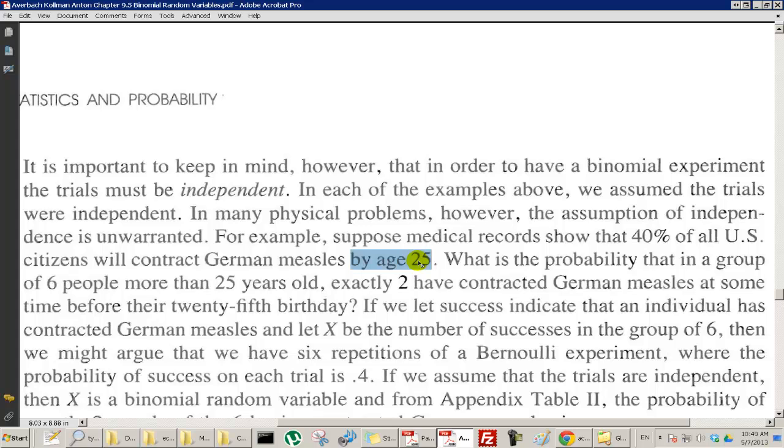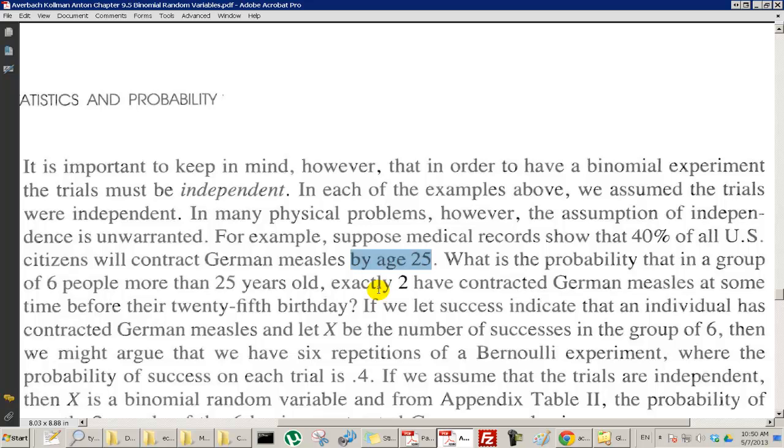What's the probability that in a group of 6 people, more than 25 years old, exactly 2 have contracted German measles at some time before their 25th birthday? If we let success indicate that the individual has contracted German measles and let X be the number of successes in the group, then we might argue that we have 6 repetitions of a Bernoulli experiment.